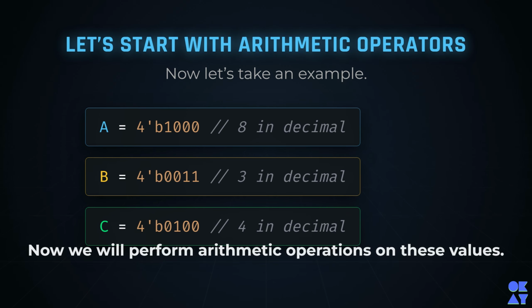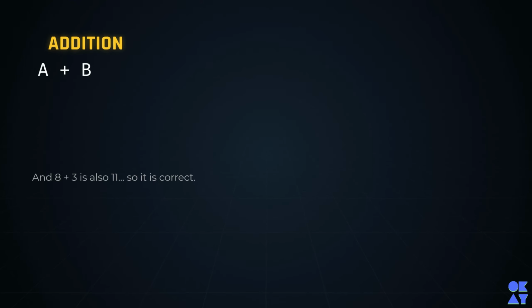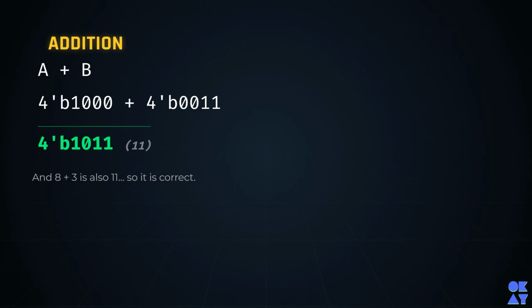Now we will perform arithmetic operations on these values. First, let's start with addition. A plus B. So 4-bit 1000 plus 4-bit 0011. If you do binary addition, you will get 4-bit 1011, which is 11. And 8 plus 3 is also 11, so it is correct.